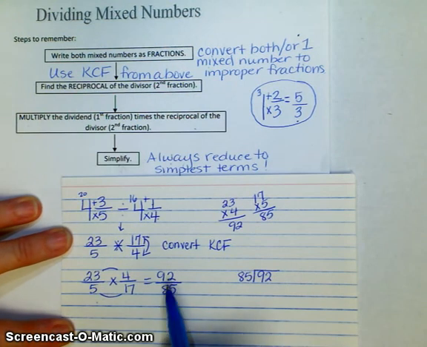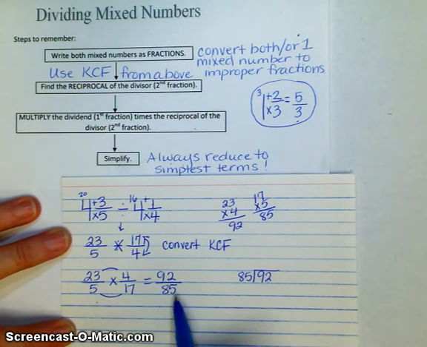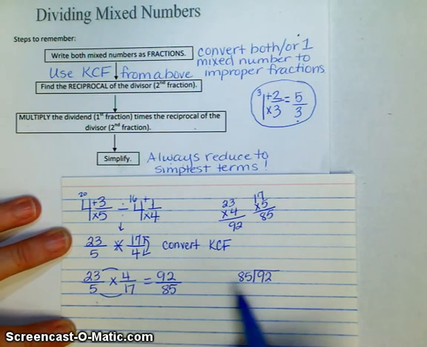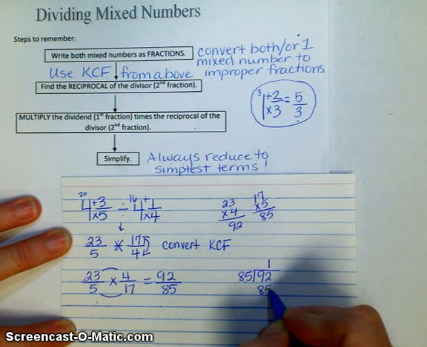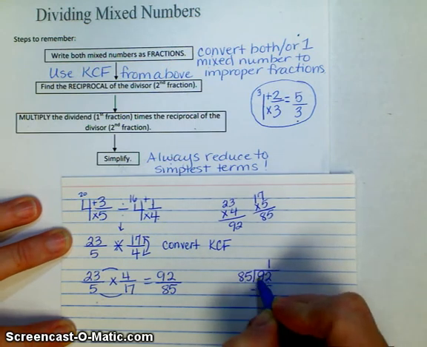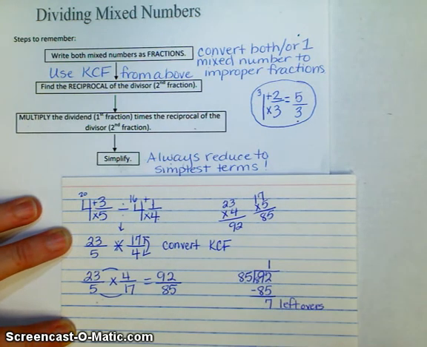Since 92 is my top number, it's top dog. It goes inside the house. Since 85 is my bottom number, it's the bottom dog that has to stay outside the house. 85 goes into 92 one time. And as I complete that long division problem, you're going to see that I have 7 as a remainder, or 7 leftovers.